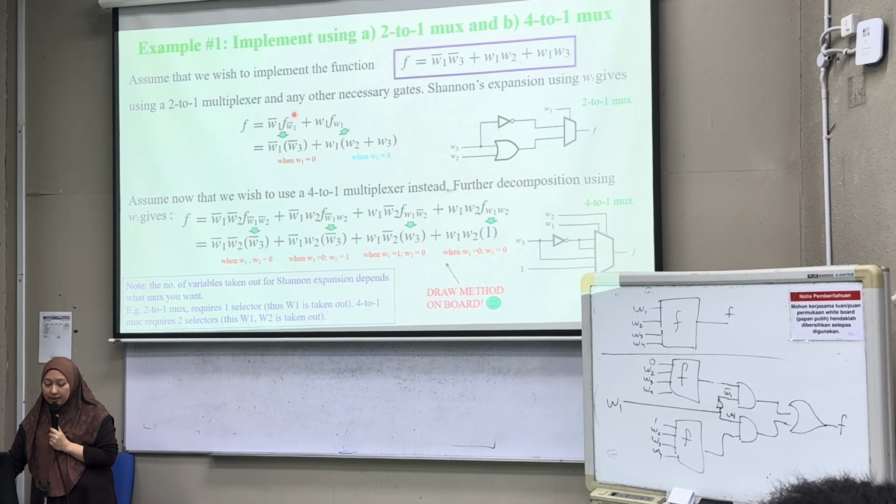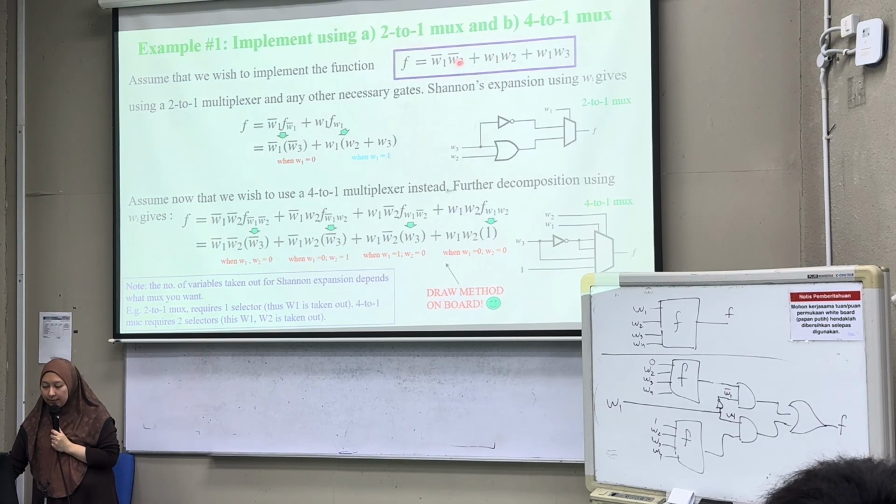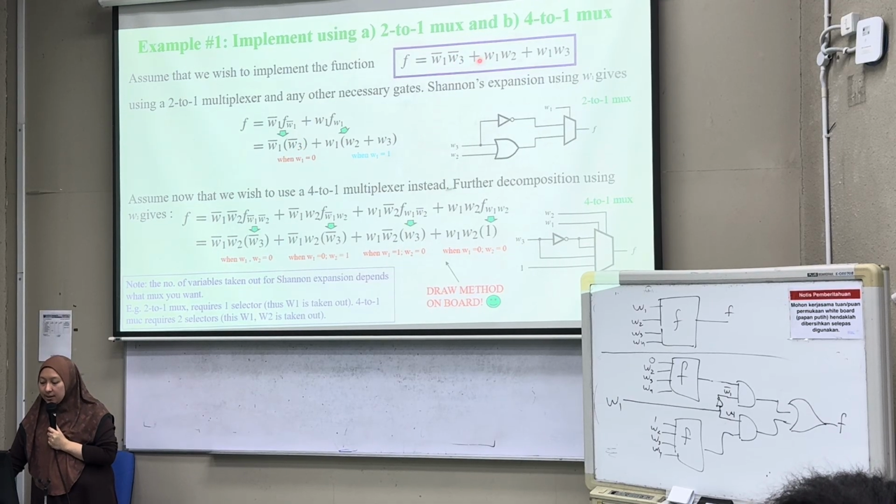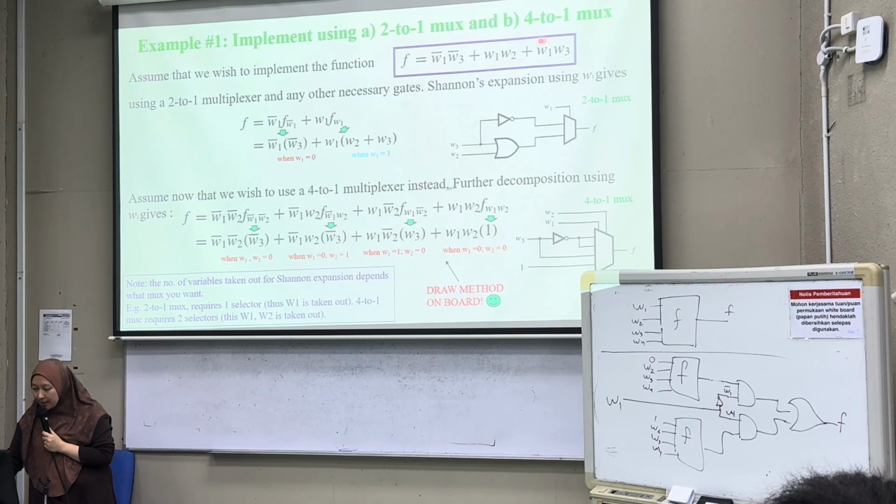Now, the first term is when W1 is 0, and the second term is when W1 is 1. So when W1 is 0, this one will be cancelled out. We'll just leave my W3 bar. Now when W1 is 1, it just leaves me with these two terms, this one will be cancelled off, so W1 is 1 gives W2 or with W3.